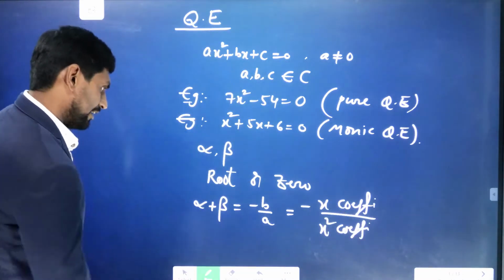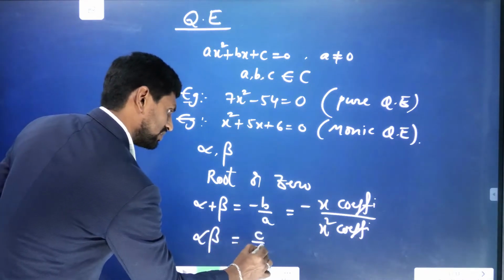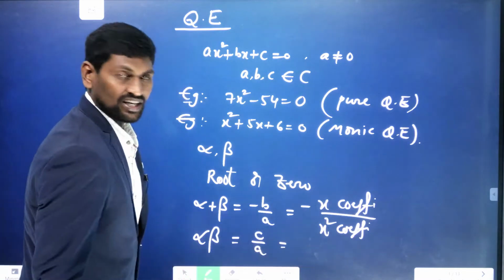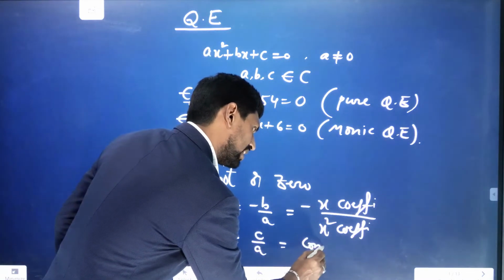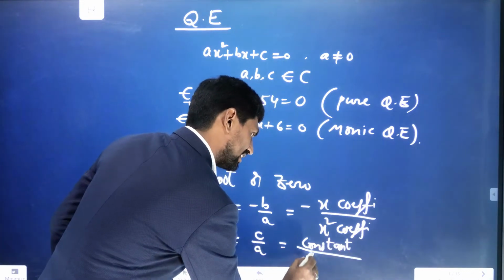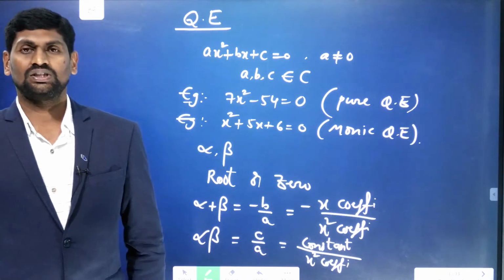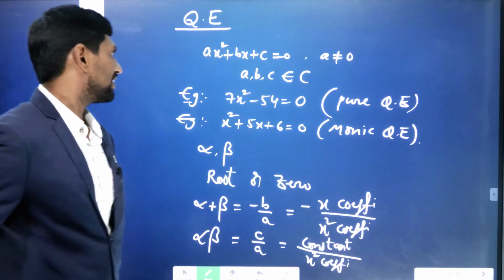Okay? And product of roots, alpha into beta, is equal to c by a. C by a is nothing but constant term by x square coefficient. So these are the topics we learned in the previous class.